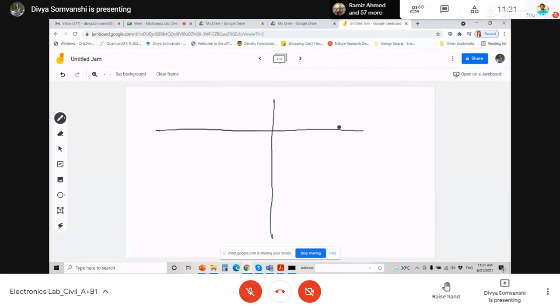Now I'm plotting only the reverse bias. Your reverse bias characteristic is something like that, and if this is your 30 volt, minus 30 volt, right?